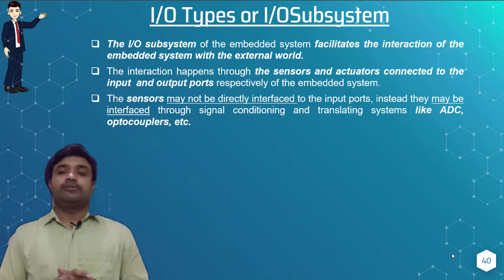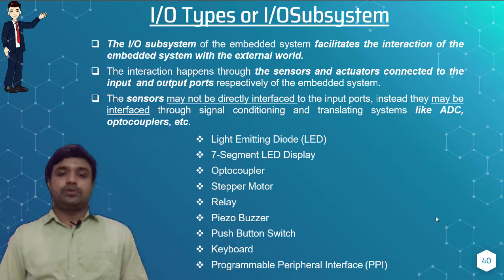Some examples of circuits which convert the sensor output to the required input for the next circuitry section are ADC sections and optocoupler sections. So these are some of the IO types that we are going to discuss.